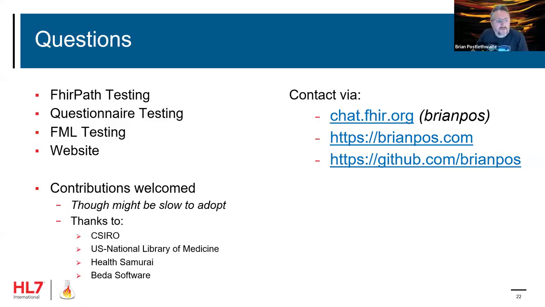So the main purpose of FHIRPath in FHIR: it's an expression language that we use for extracting information out of a FHIR resource. The result could be a Boolean, so an invariant is expected to be a Boolean.